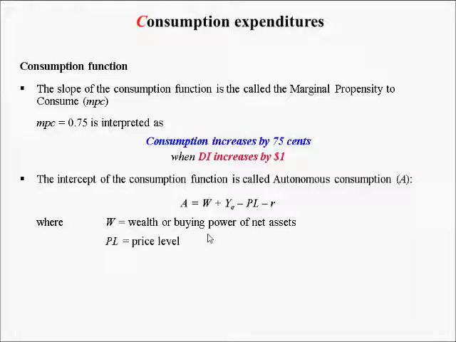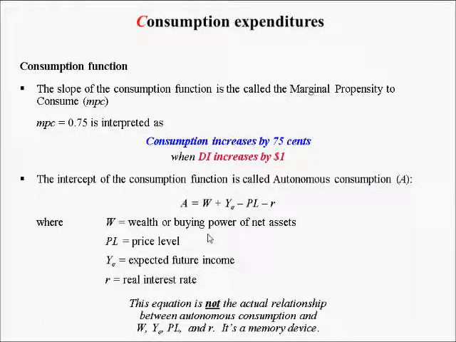Remember I said consumption and the price level are related negatively. YE is expected future income, and R is the real rate of interest. Note, I want to make sure this is clear. This is not the actual relationship between autonomous consumption and wealth, expected future income, price level, and the real rate of interest. It's a memory device. It's also used in my simulation.